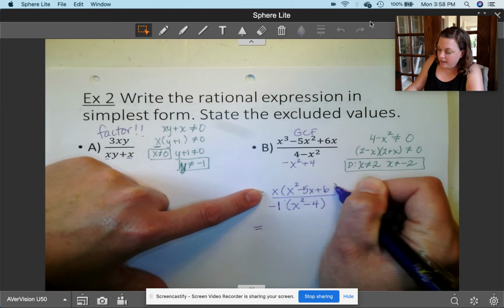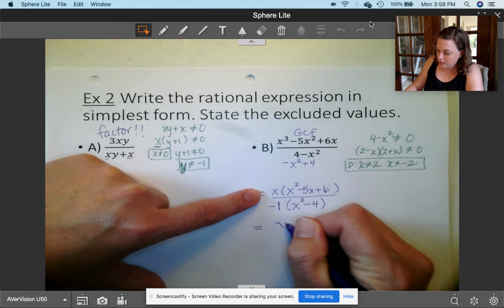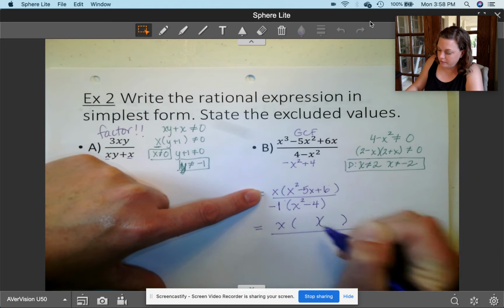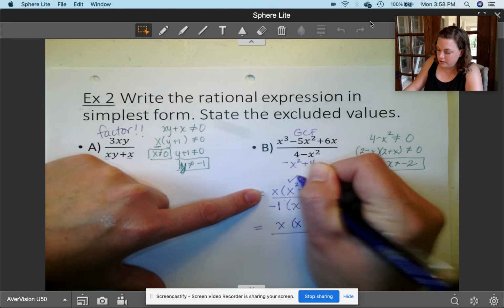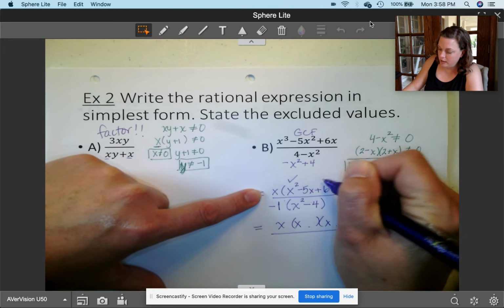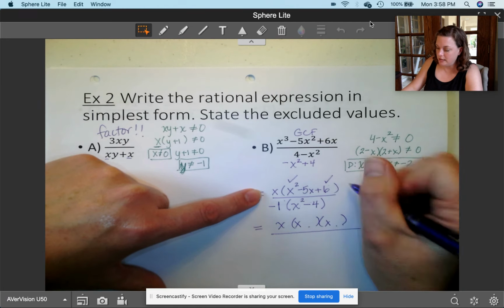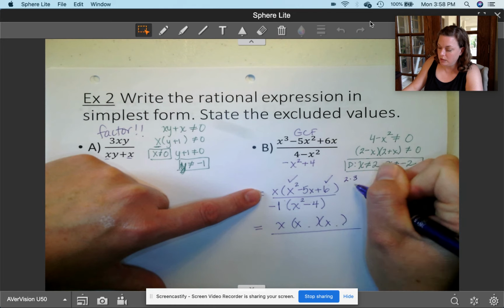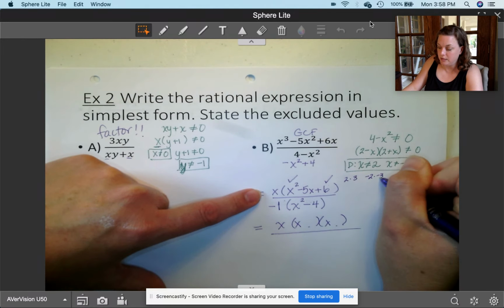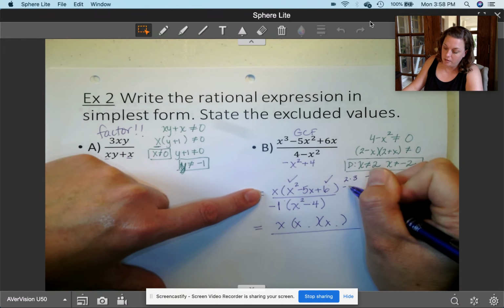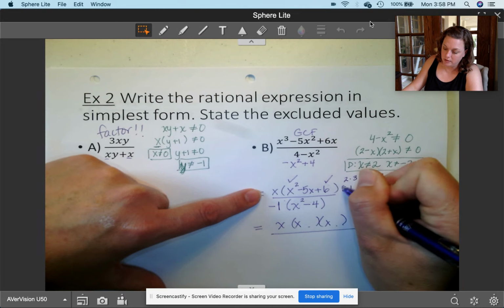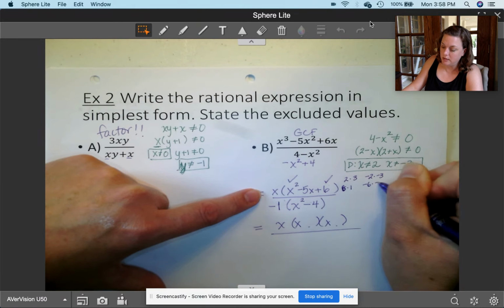Then I still can factor this trinomial up here. So I'm going to double bubble. X times x is x squared. And then what times what is positive 6? Be very careful. Positive 6 is 2 times 3, or negative 2 times negative 3, or 6 times 1, or negative 6 times negative 1.